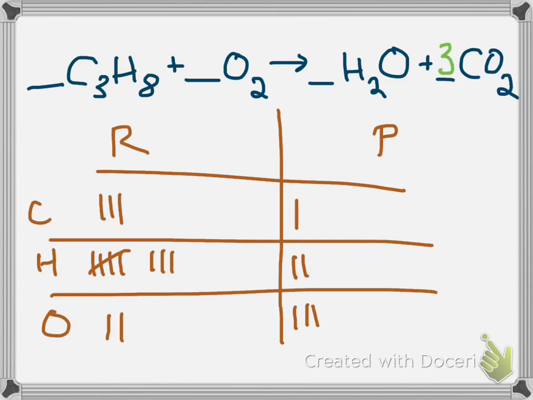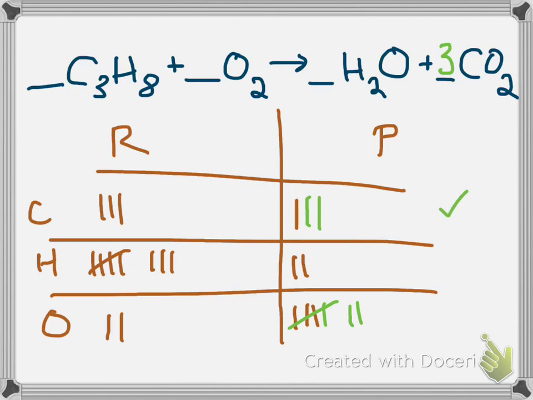So I need to put a 3 here because that would make 3 carbons on my product side. But it also changes the amount of oxygens. So now I have 3 times the 2, so 6 oxygens there, but still plus that 1. So I'll have 7 oxygens. So 3, 4, 5, 6, 7. So now my carbons are balanced. That's great, but hydrogen and oxygen are still not balanced.